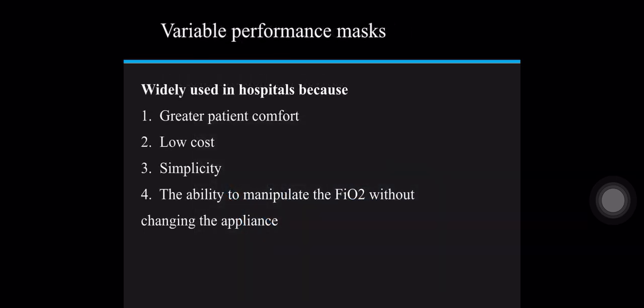Variable performance masks are widely used in hospitals because of the greater patient comfort, low cost, they are simple, and the ability to manipulate the FiO2 without changing the appliance. For example, when using a Venturi mask, when we want to manipulate the FiO2, we have to change the device.